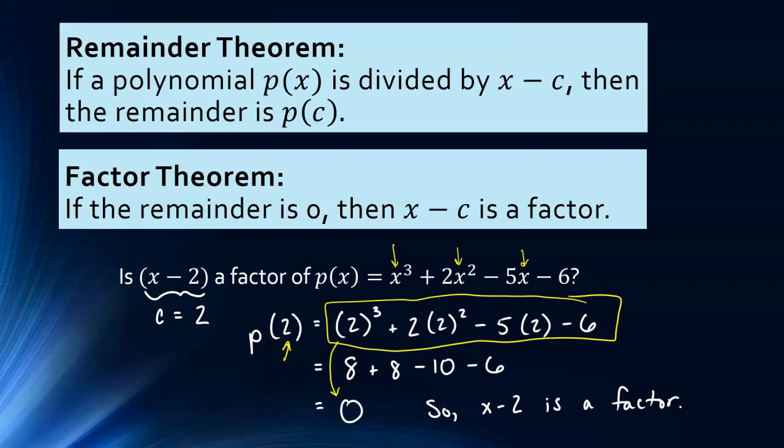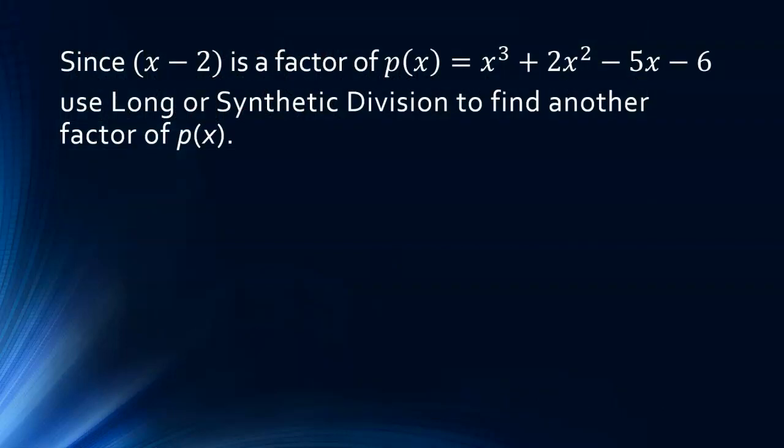So we're going to use that fact to factor this original polynomial. Because here's what we know now. We know that x minus 2 is a factor of that polynomial, so that means that x minus 2 times something else would give us the original polynomial. To figure out what that would be, we can use synthetic division.